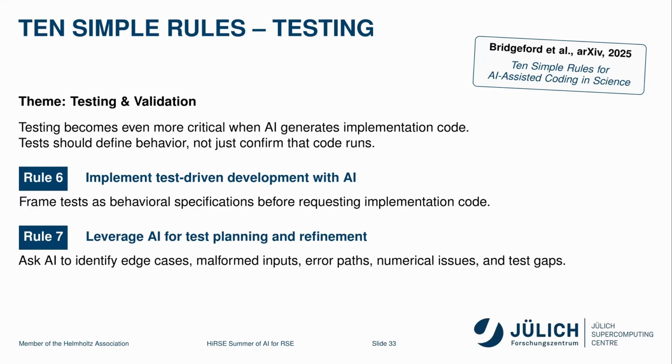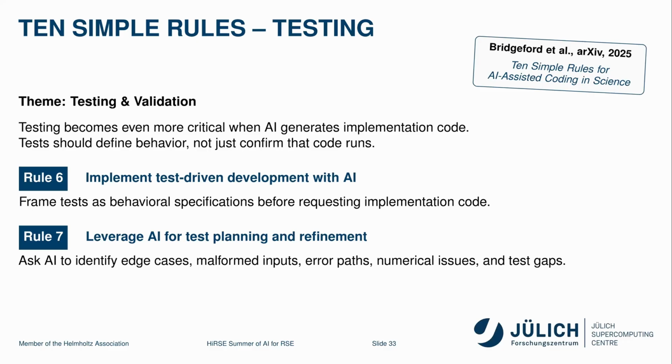The third theme is on testing and validation. Testing becomes even more critical when AI generates implementation code, and tests should define behavior, not just confirm that code runs. So rule number 6 is to implement test-driven development with AI.